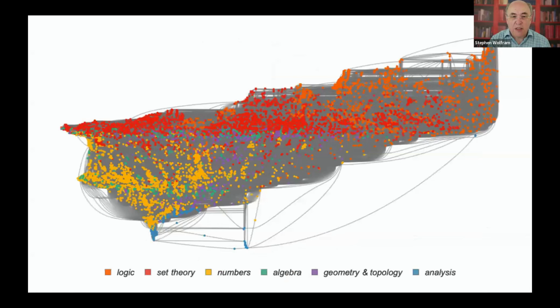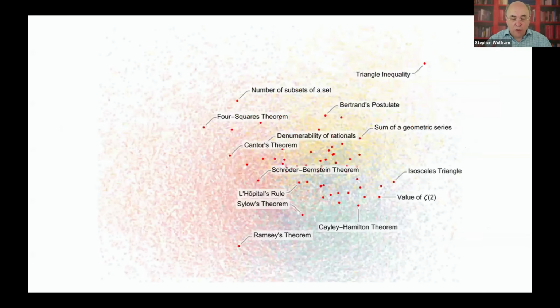For example, this is the proof graph structure, I think in either Lean or MetaMath, for the Pythagorean theorem from the axioms of set theory. Rather complicated, but it's interesting to see, if you lay out metamathematical space, where the famous theorems of mathematics roughly lie in that approximation to metamathematical space.